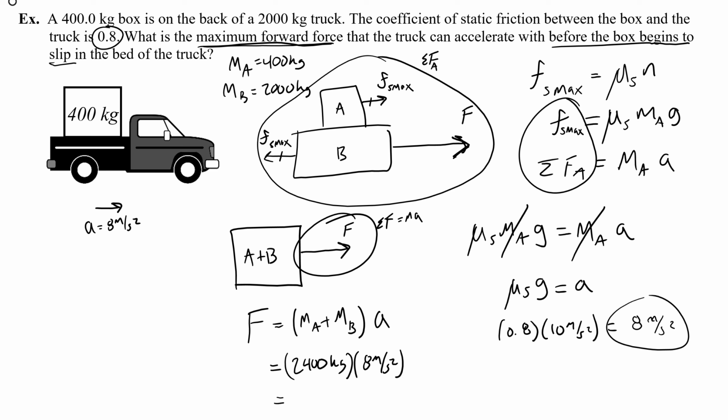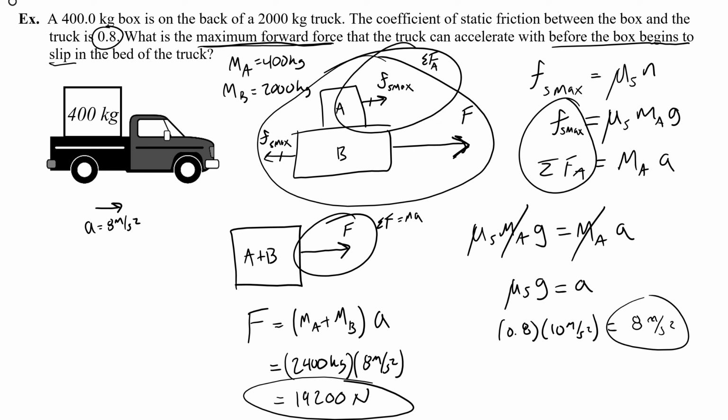It's a big number. 19,200 newtons. So that is the maximum force that can be applied by the truck to accelerate the box before the box begins to slip. Now, again, to remind you what we did, we calculated what the maximum static friction was, and then we said, all right, what acceleration would we have if that was the maximum static friction?